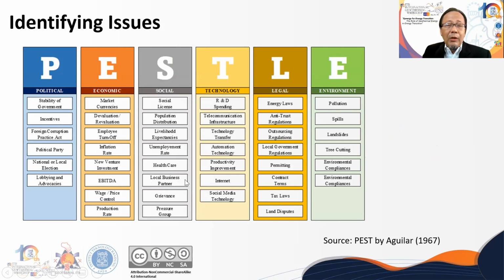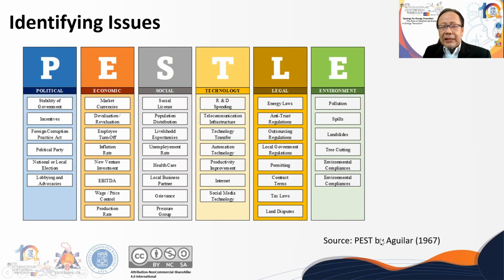So if we ignore this issue, then we can know what is the impact, what is the risk for not involving them as the local business partner. So we need to identify them. This is only a sample. You can pick one, or the team should define what issues for your organization.